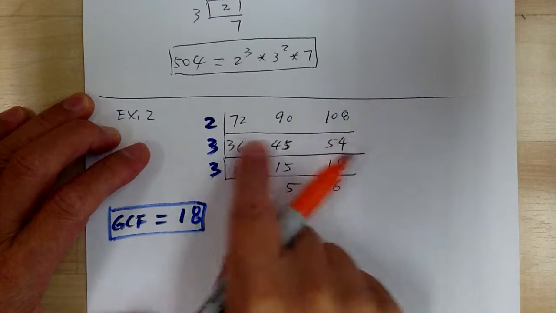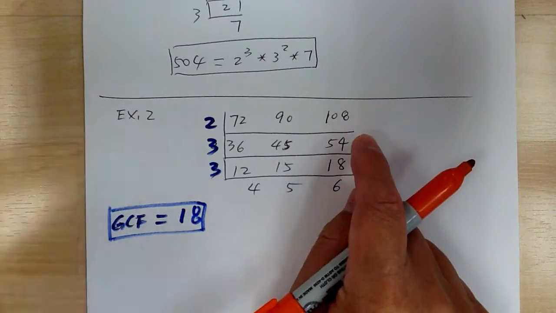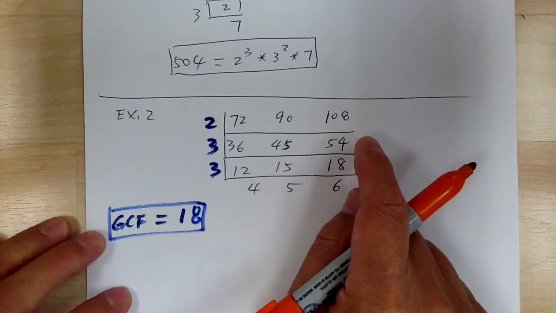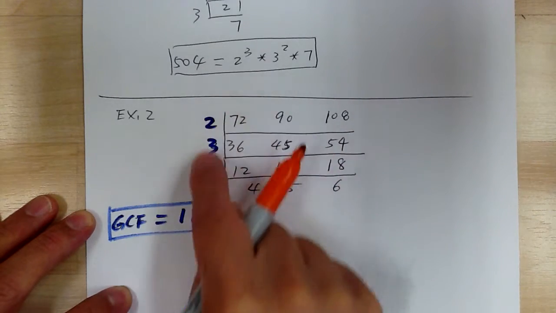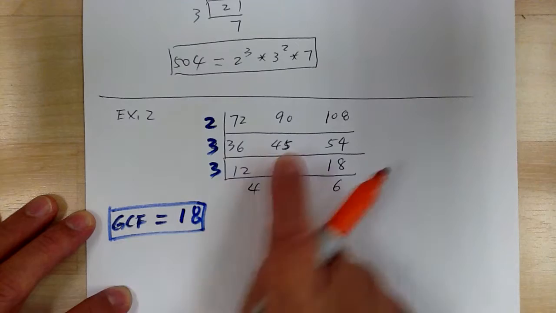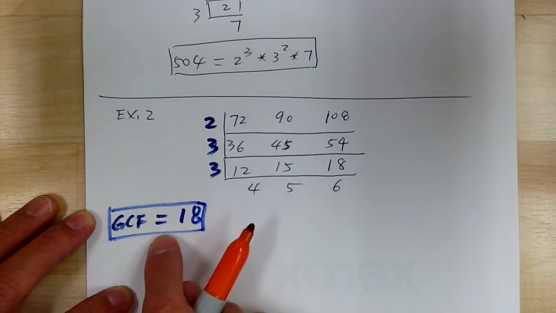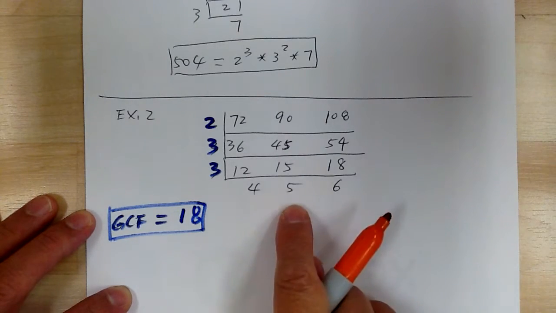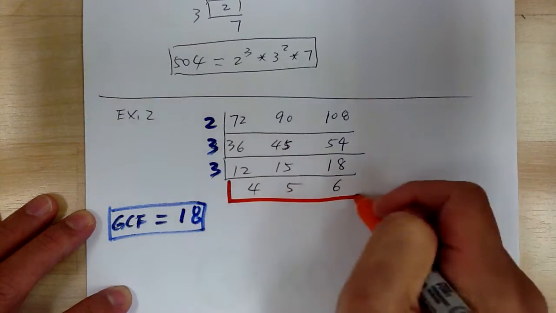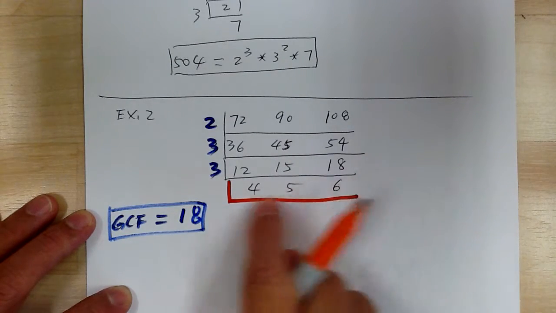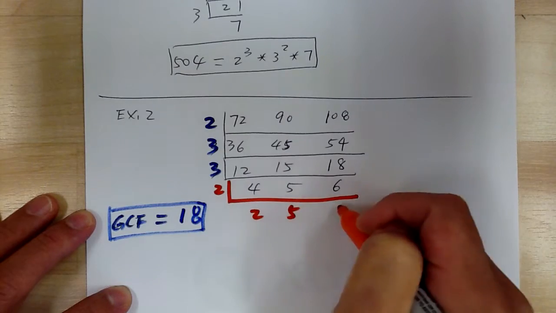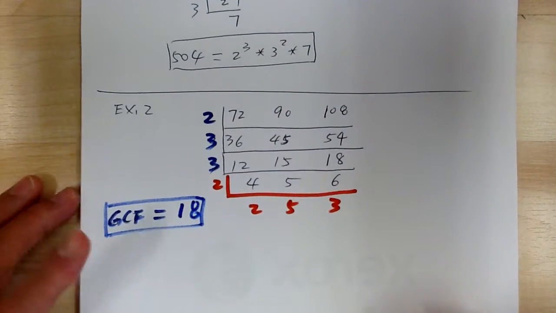For LCM, as long as 2 of the numbers can divide, you can go and do it. That's why you always want to get the GCF first, so you don't mess up the numbers. These 2 are even numbers, so you can divide by 2. If you cannot divide, you leave it alone. That's as far as you can go.